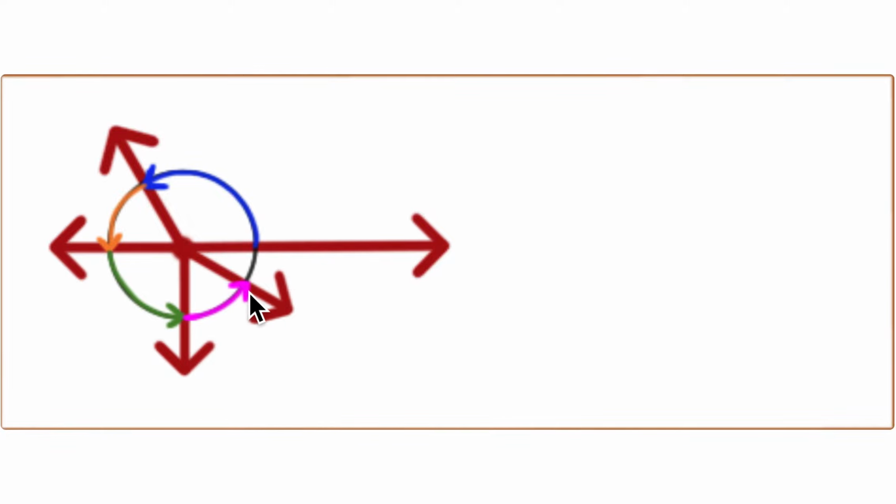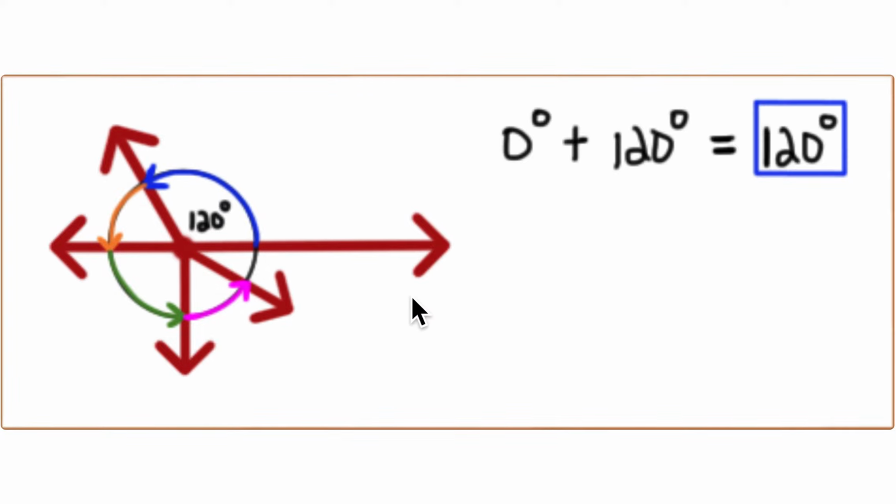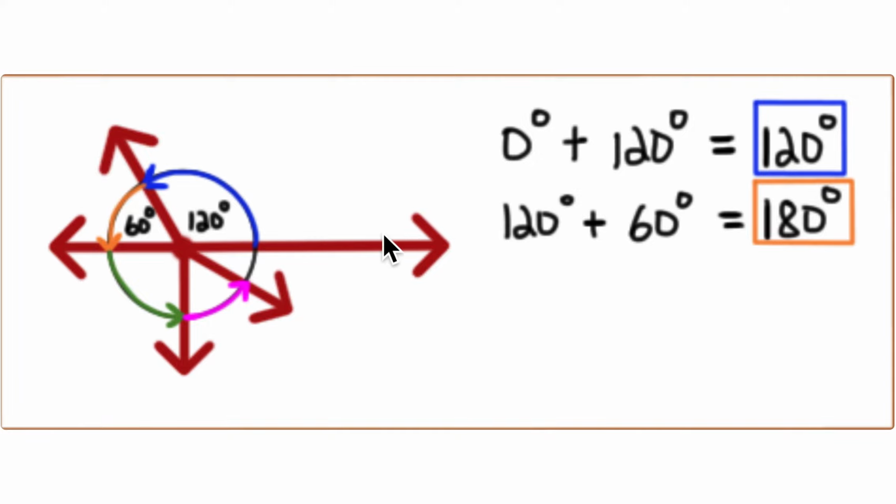I left off the turn to the end, returning back to 0 degrees, but we'll look at that. So this is 0 degrees plus this turn, that's 120 degrees. That's the blue arrow, the blue arc, that would be called. 120 degrees plus 60 more degrees, that equals 180 degrees. So now we're here at 180 degrees.